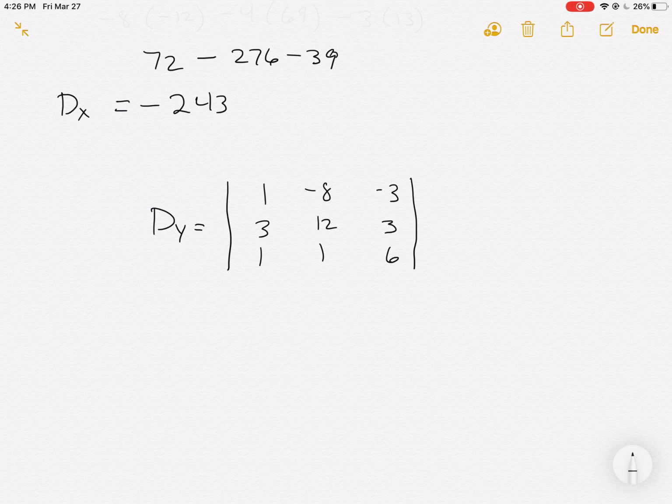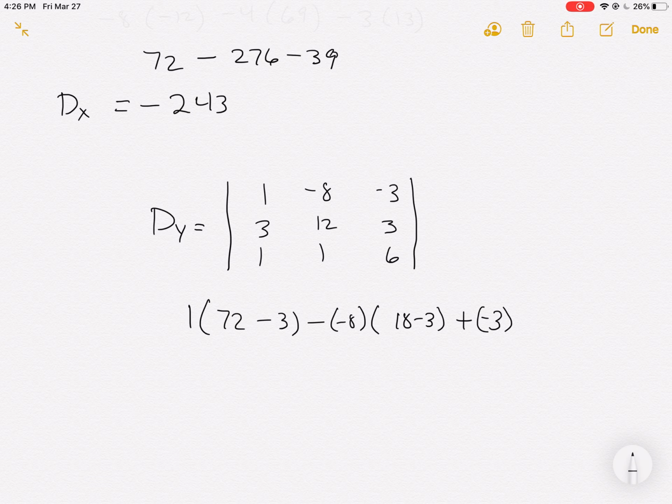We're going to have 1 times 72 minus 3 minus a negative 8 times, and what would we have? 18 minus 3 minus, or plus, a negative 3.